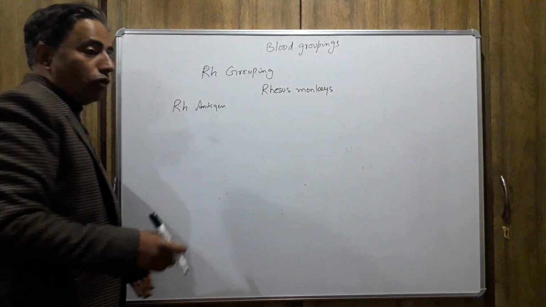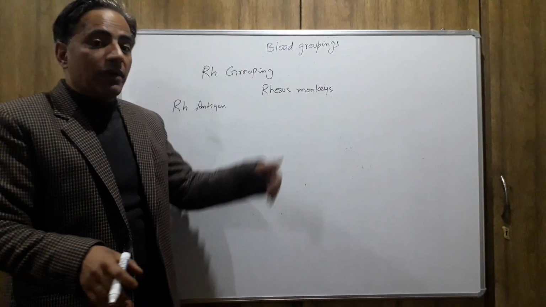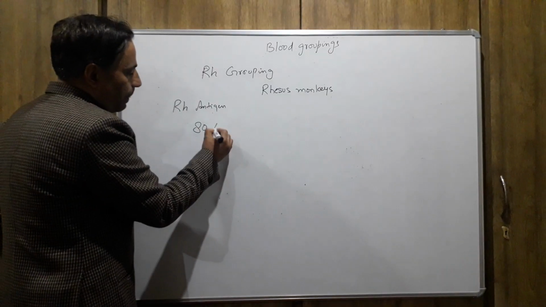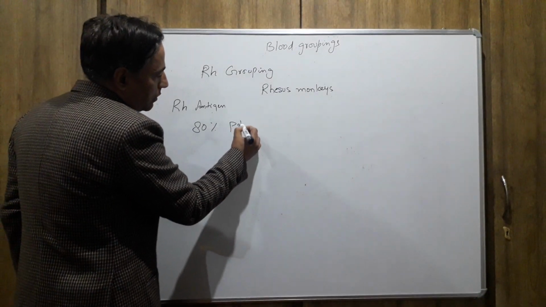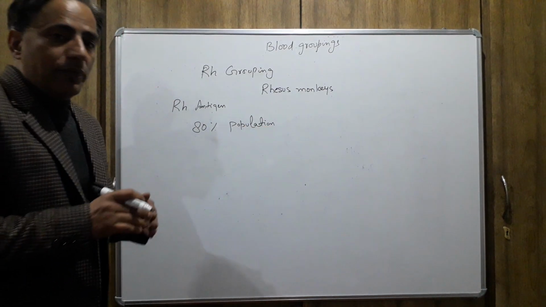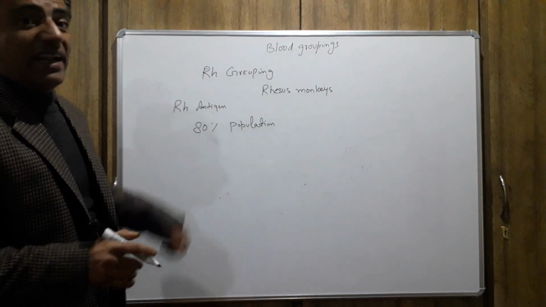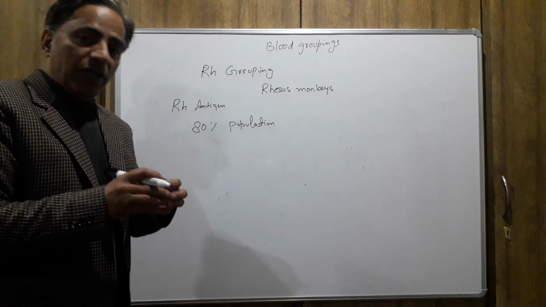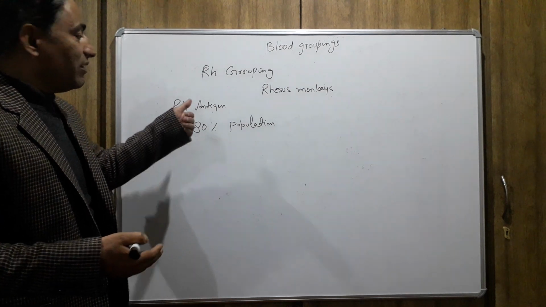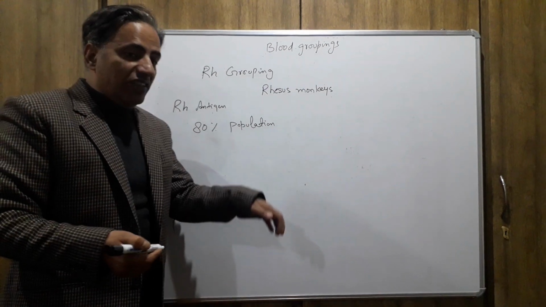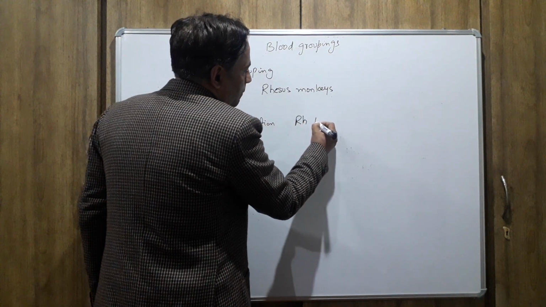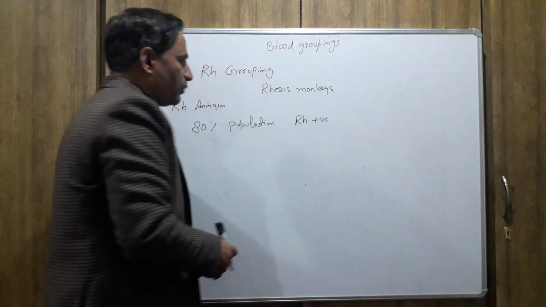The RH antigen is not only present in the rhesus monkeys but it's also present in human beings, and about 80% of the human population was found to contain this RH antigen. Those individuals who have the RH antigen on their RBCs are called RH positive.